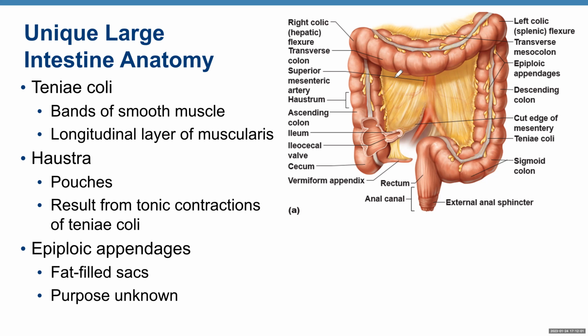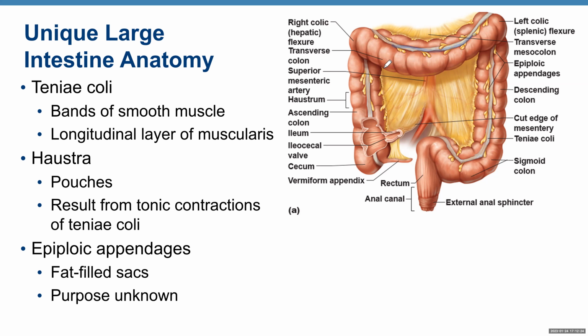So remember, when we look at histology, we said we have mucosa, submucosa, then we have muscularis. In the muscularis, we have a circular layer of muscles and a longitudinal layer. In the large intestine, we don't have a complete longitudinal layer. What is left are actually these taenia coli.